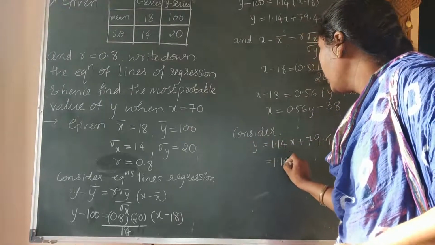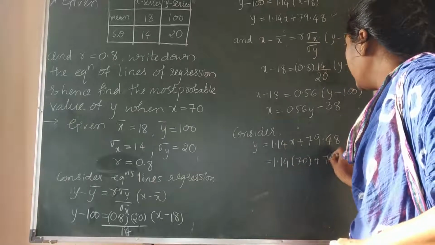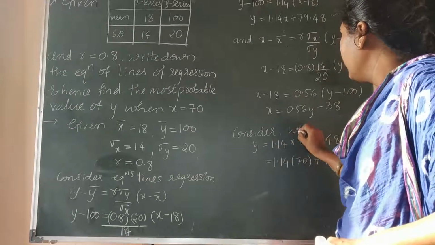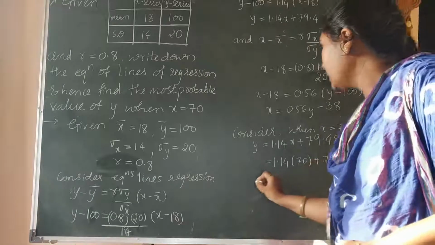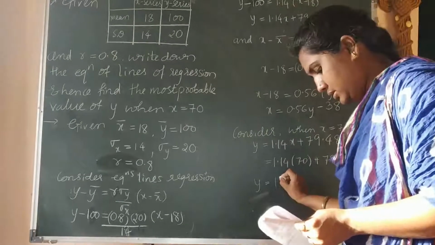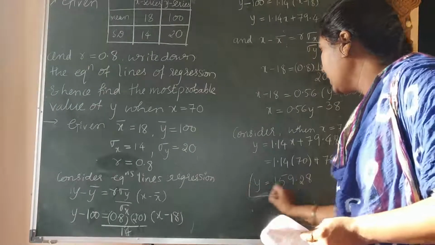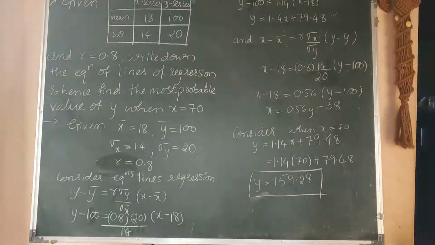Substitute 1.14 into 70 plus 79.48 when x equals 70. The value of y is 159.28. This is our required value of y when x equals 70.